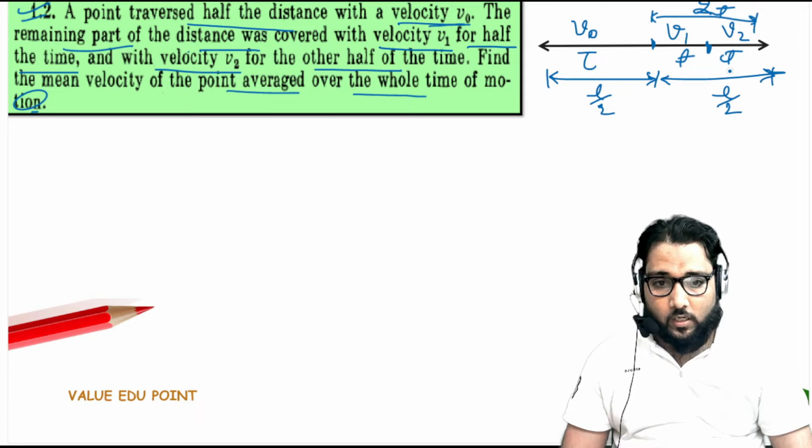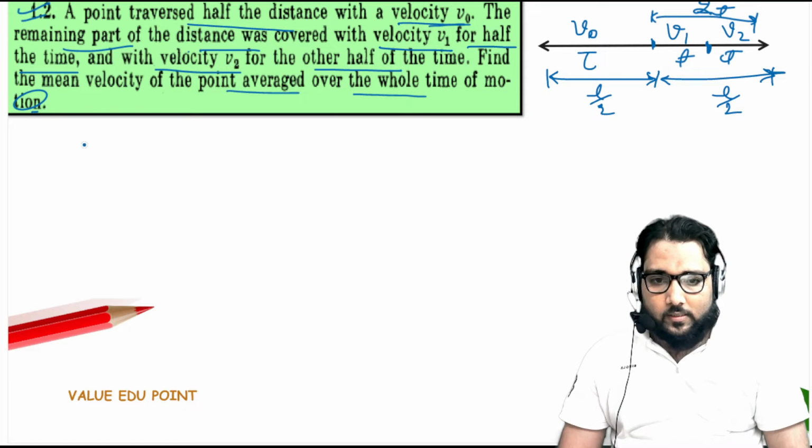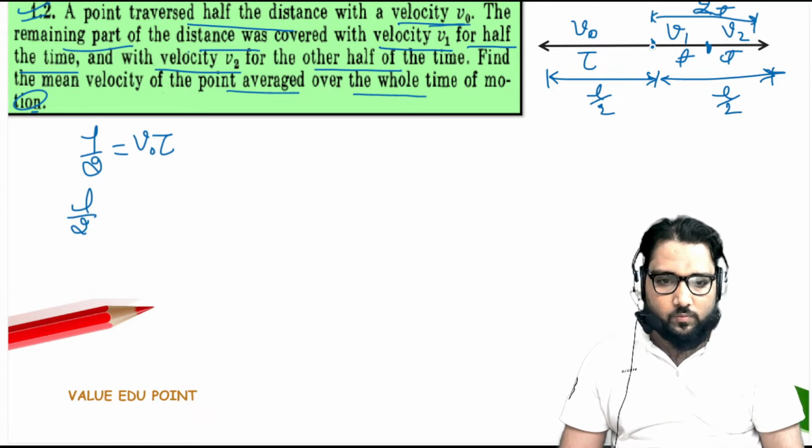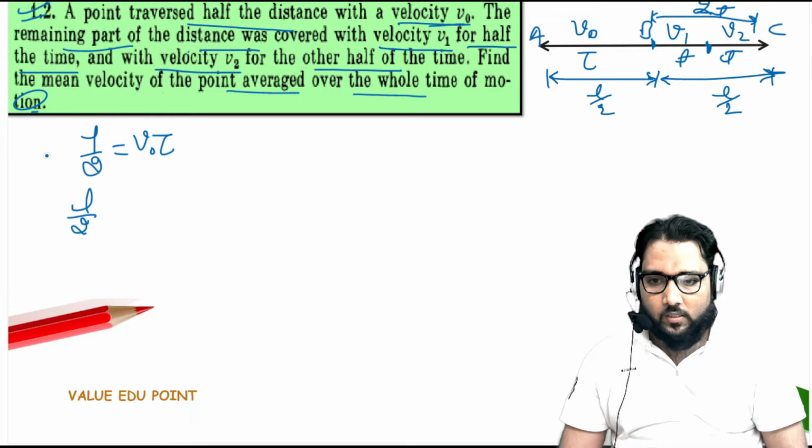Is it okay guys? Now the distance, that is L by 2, is equal to, for this portion we know distance is velocity into time. Say this is A, this is B, this is C, this is AB, this is BC.